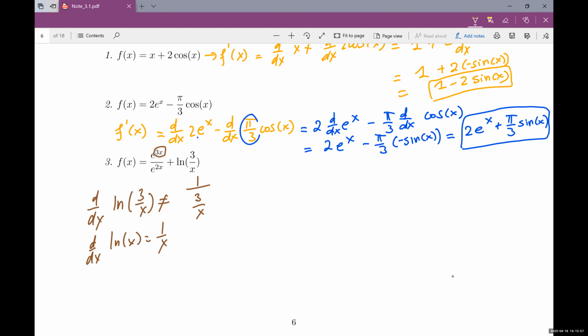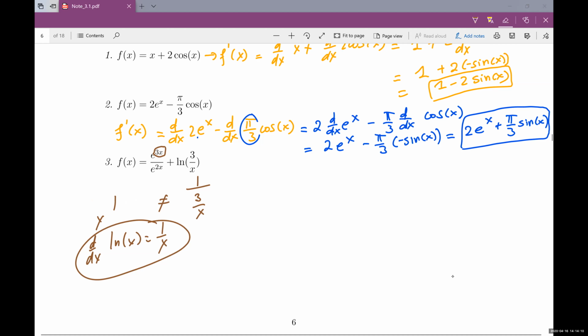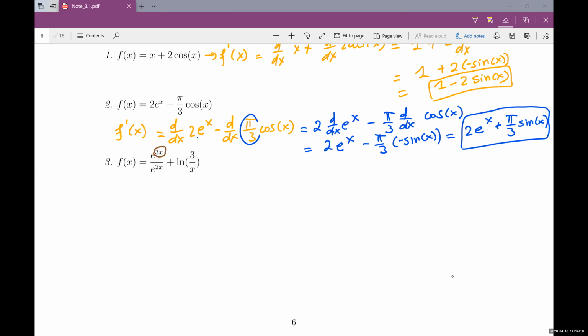When the input is not x, you cannot use the basic functions to find the derivative. Later on we can use the chain rule to find the derivative of this complicated composite function. But now what we can do is simplify this function first.